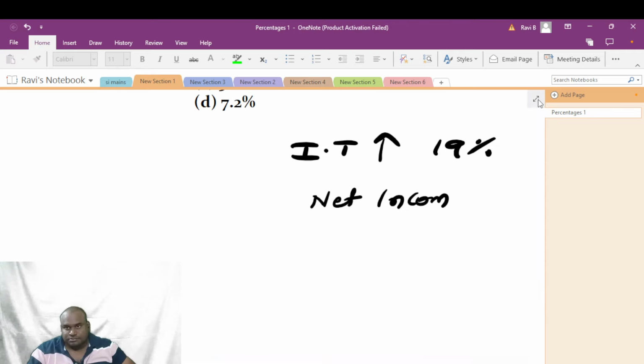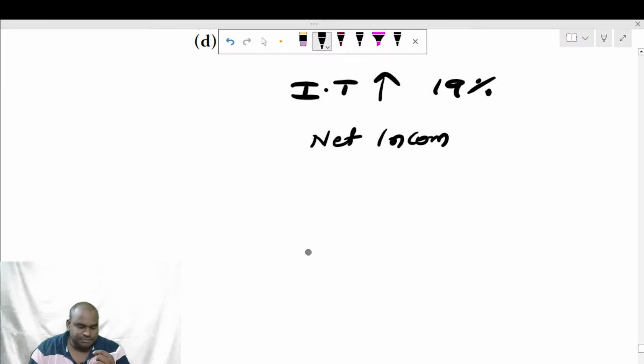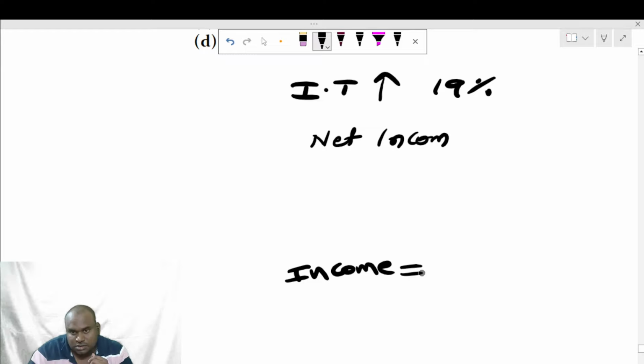After our simplification, we got the final equation as income equals 20 times income tax.